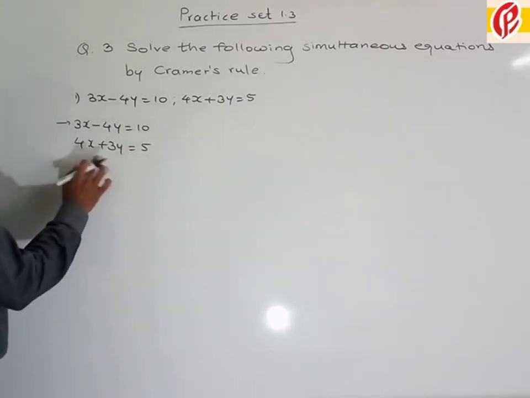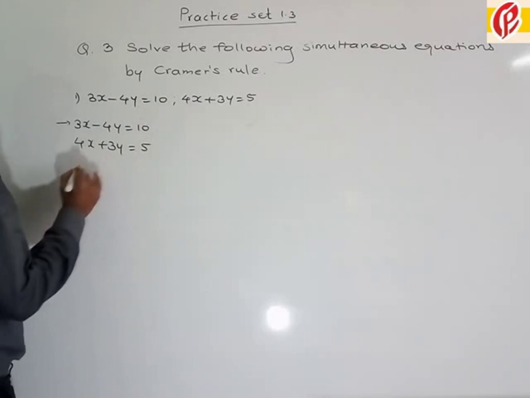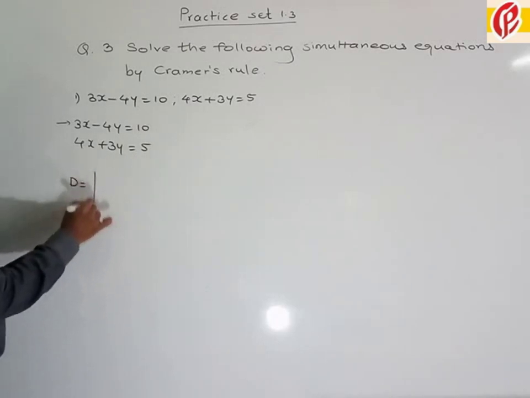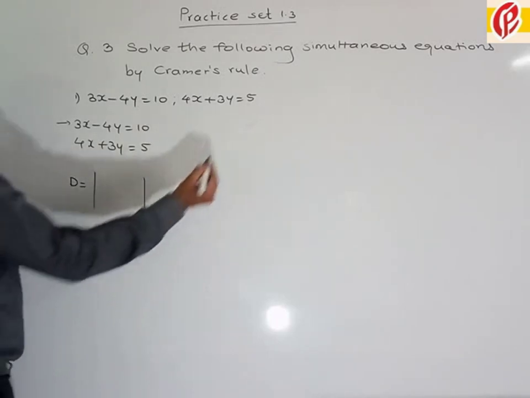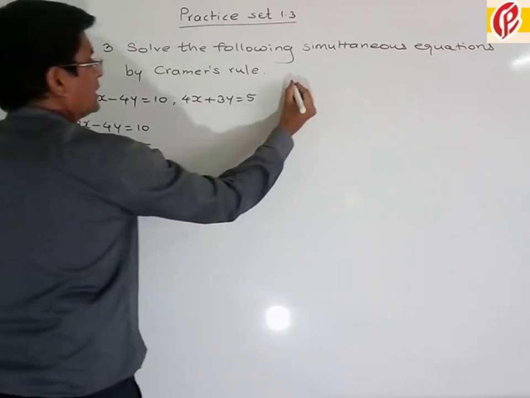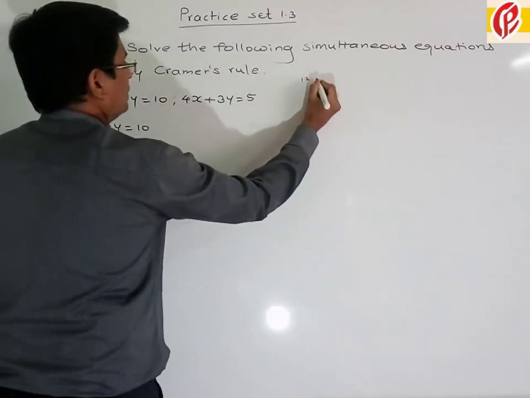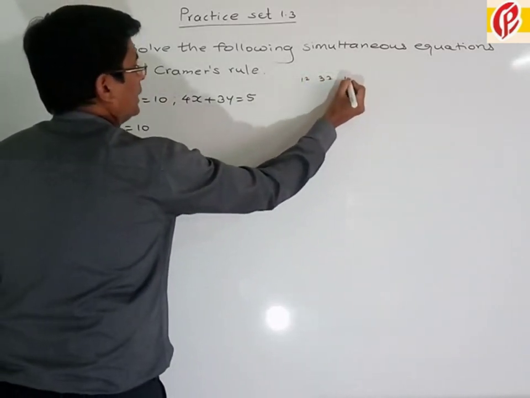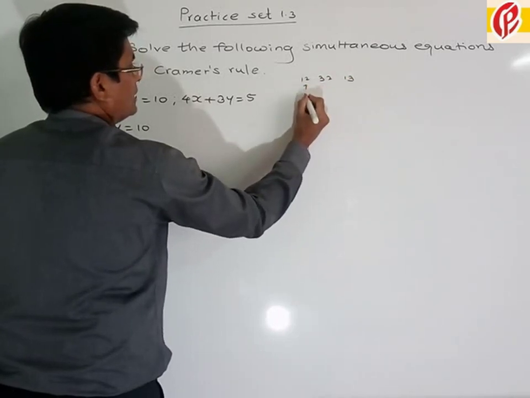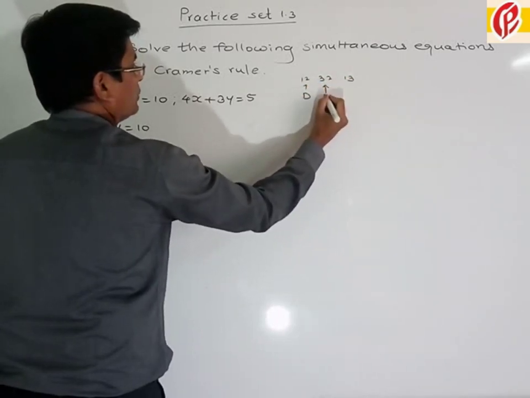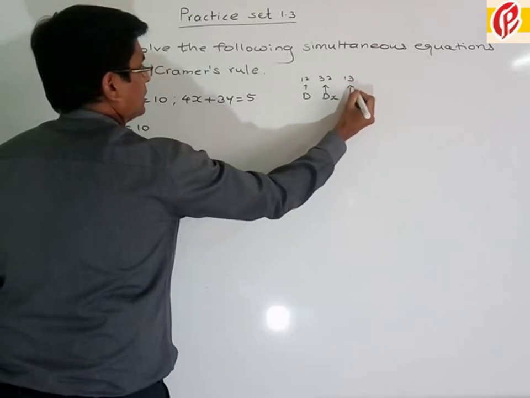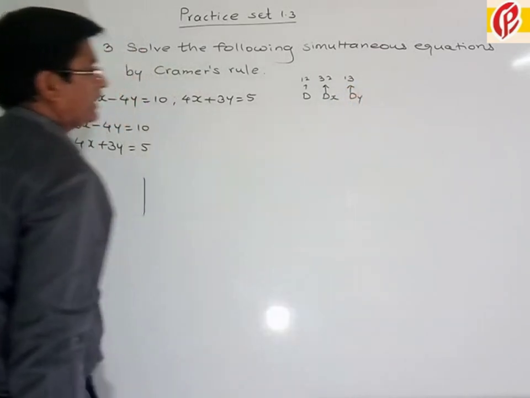Now I will write the determinant D. So for determinant D, you will have to remember the number. What is that number? 12, 32 and 13. 12 is for D, 32 is for dx, and 13 is for dy.